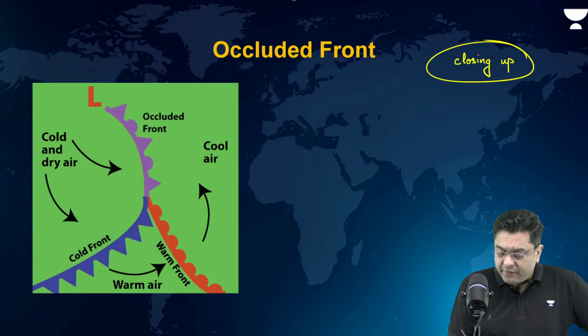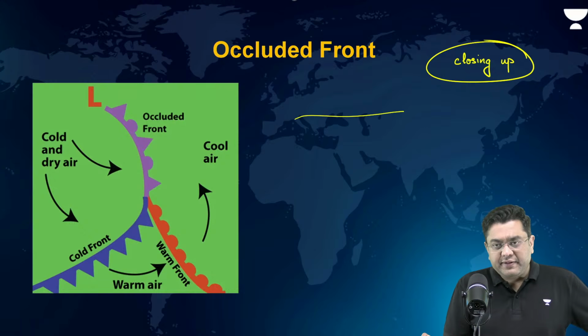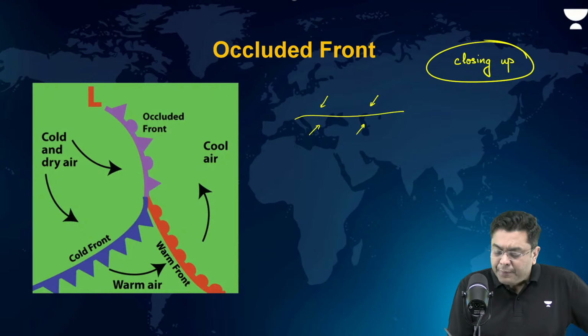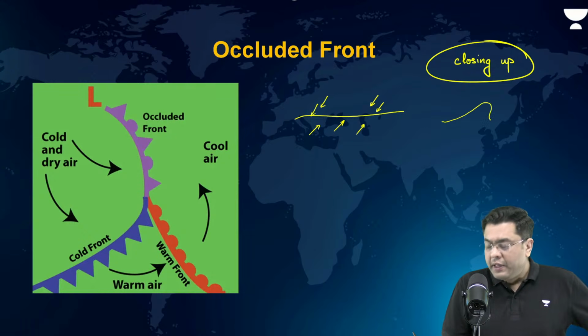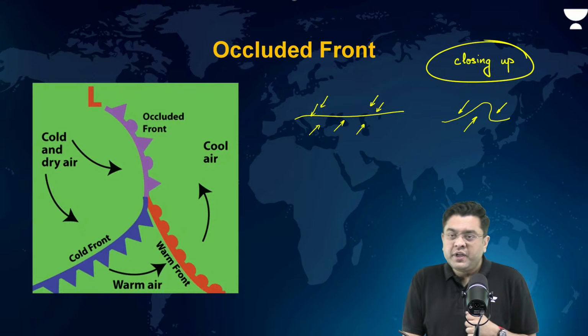You will understand this. Initially, you have the front, which is like this. Let's suppose cold air from this side, warm air from this side. Over a period of time, let's suppose warm air here intrudes and cold air intrudes from these regions. So this front will basically change like this. Cold air is coming from here, warm air is going like this, isn't it?